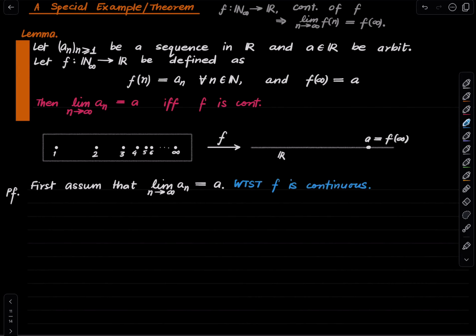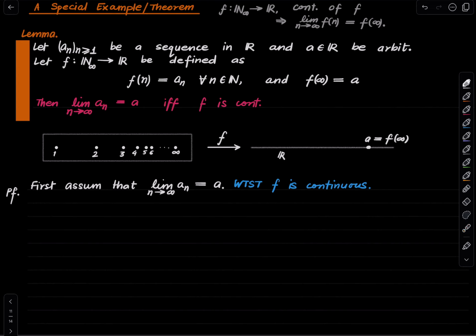And again, as we said in the previous proof, the continuity of f needs to be established only at the point infinity, because at other points it is for free. So I'm not writing that. So we just need to show that f is continuous at infinity.